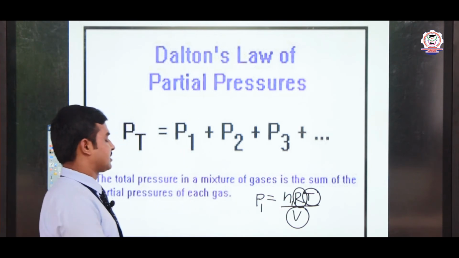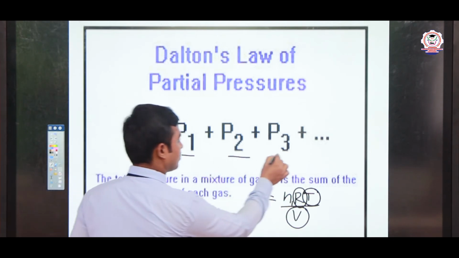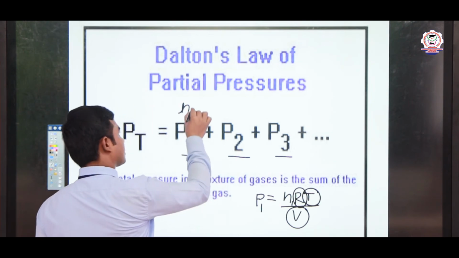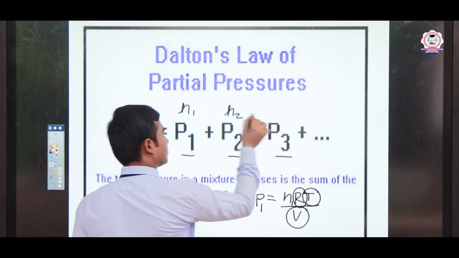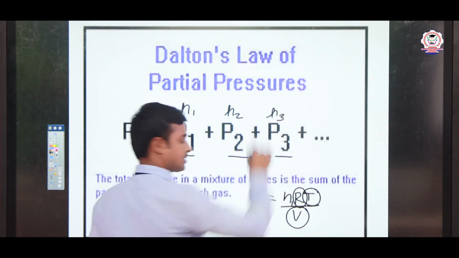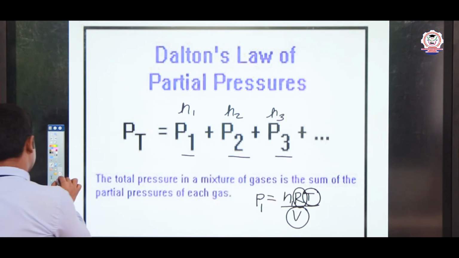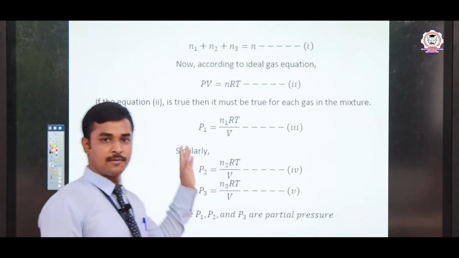So the changing pressures may be P1, P2, P3 likewise, and the number of moles can also be changed into n1, n2 and n3 likewise. How is the formula obtained? You can see, this is the formula.